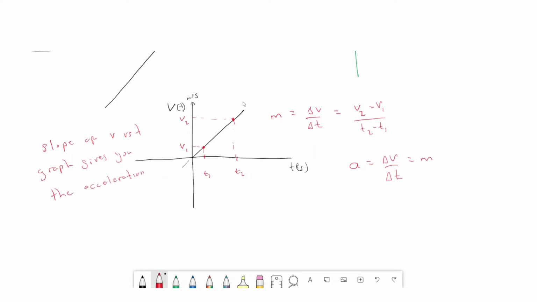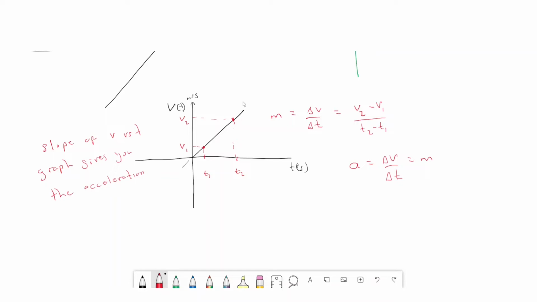Afterwards, I am going to talk about the situation where I make that distance time graph a little bit more complicated, and how the velocity time graph looks, and also how the acceleration time graph looks. All right, so I'm going to do that now.